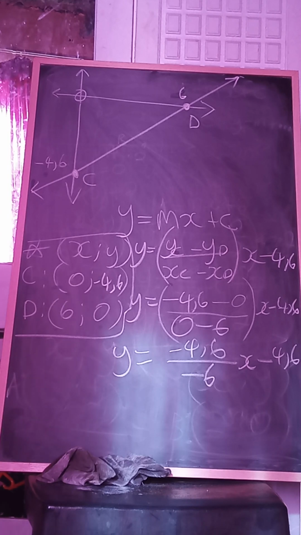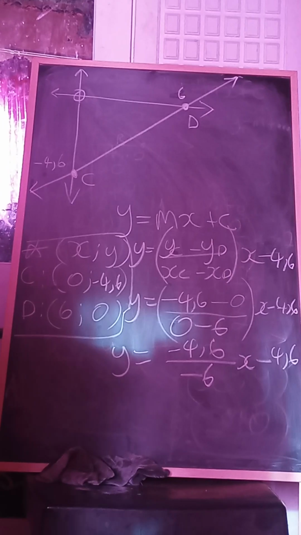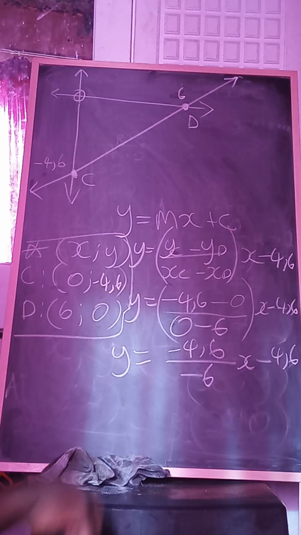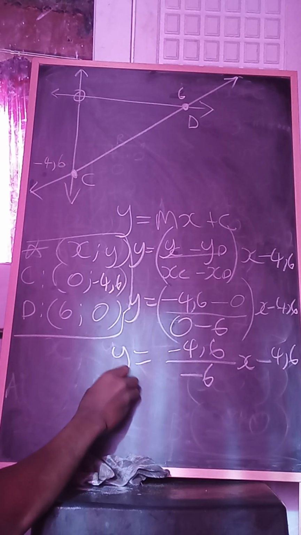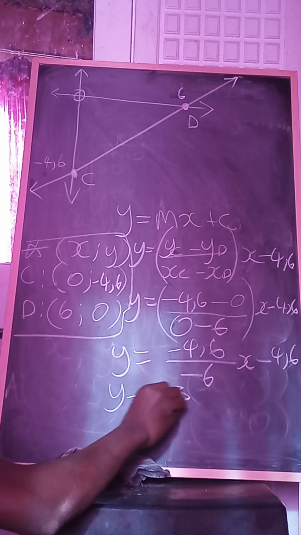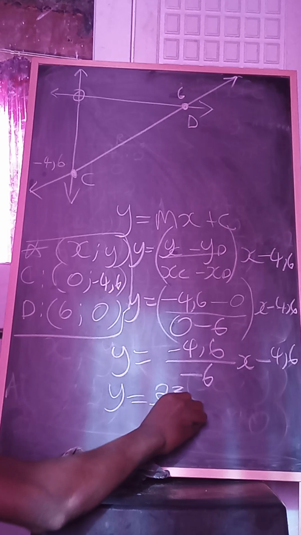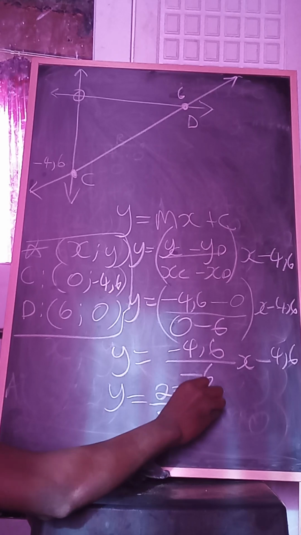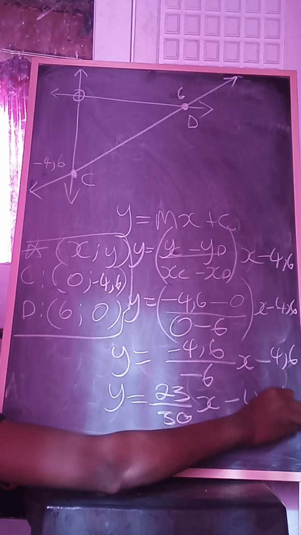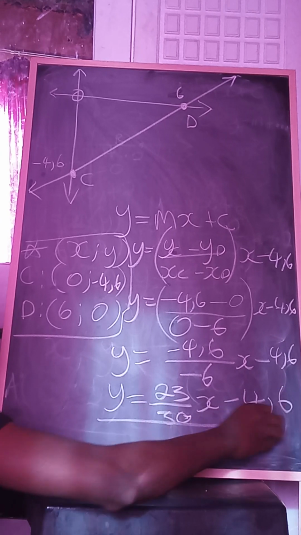Then from here you need to take your calculator, but I don't have a calculator. I'll try to calculate this manually. The answer is y equals 23 over 30 x minus 4.6.